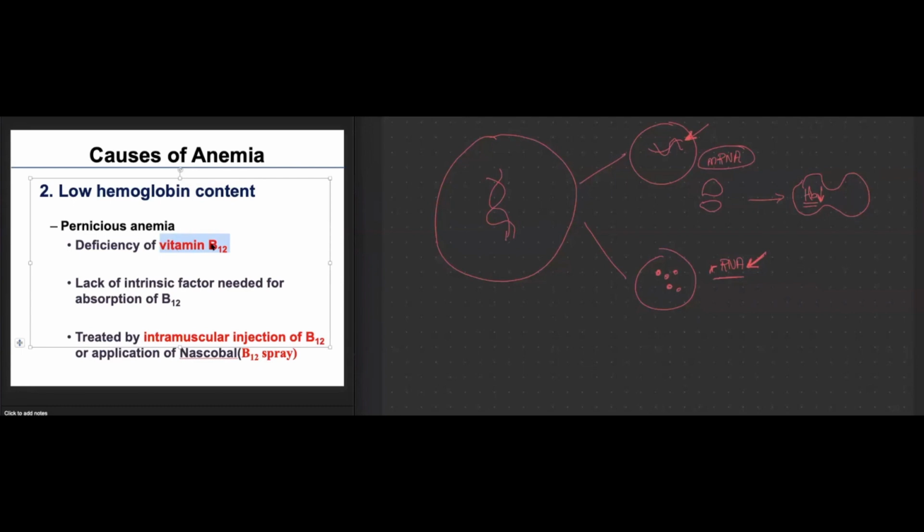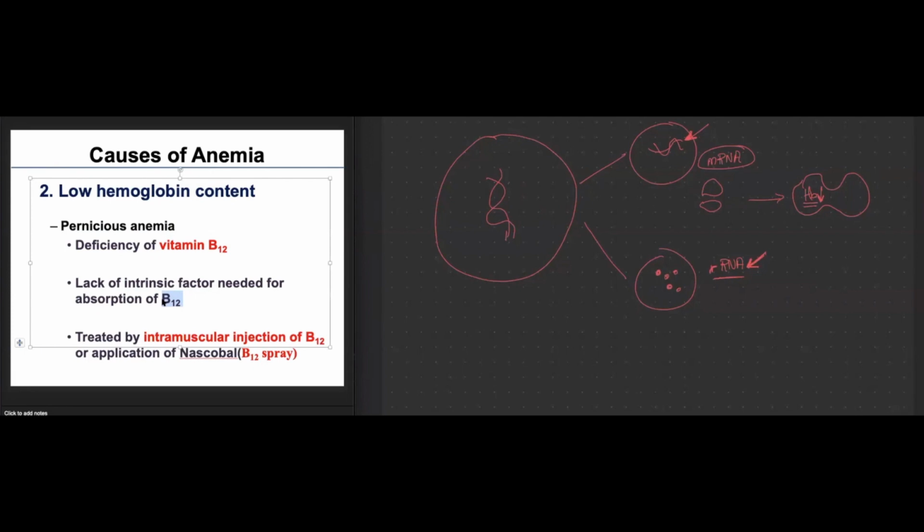Deficiency of vitamin B12 is not essentially due to pernicious anemia. Pernicious anemia is a subtype of vitamin B12 deficiency, in which I have a problem in the intrinsic factor released from the stomach cells that will allow me to absorb the vitamin B12.